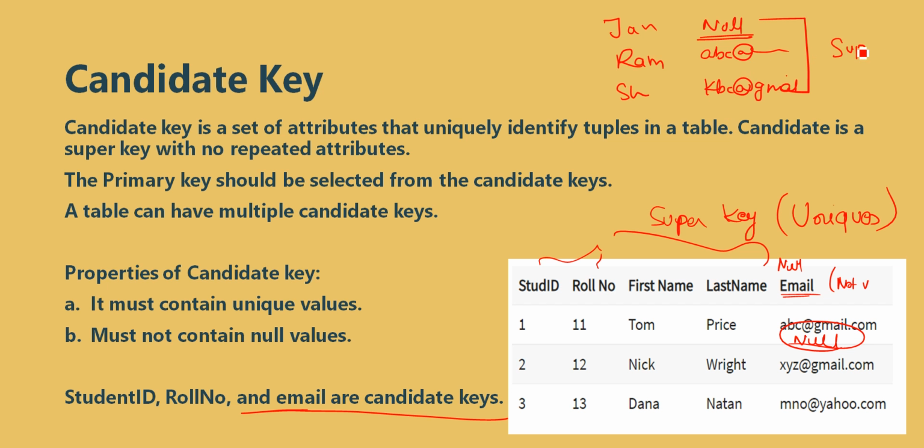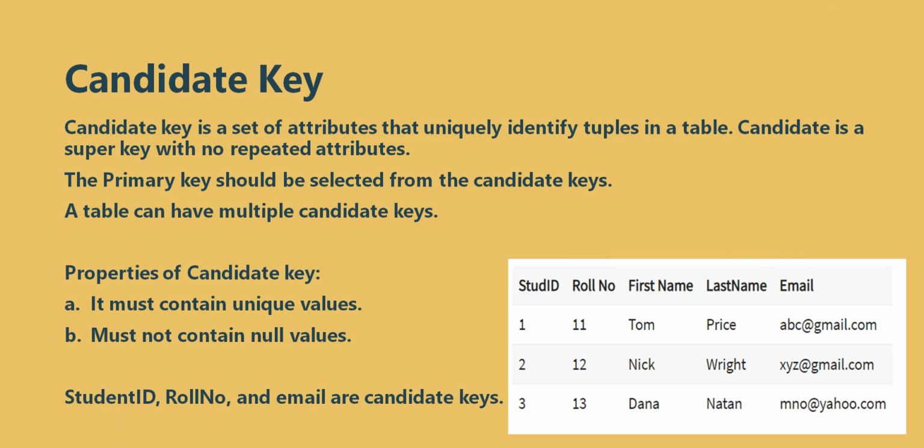So this can be considered a super key, but not a candidate key, because a super key only checks for uniqueness, whereas a candidate key checks for unique values as well as no null values.